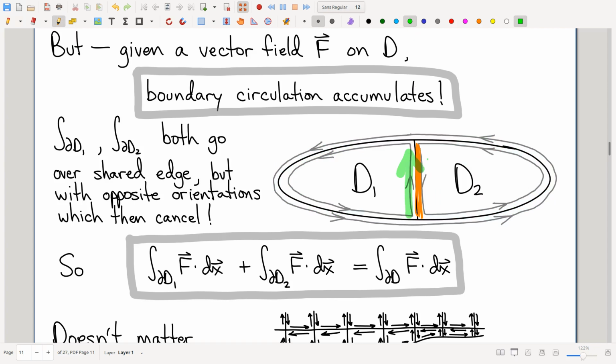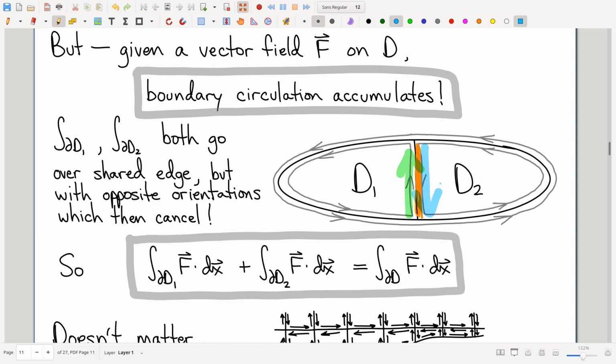And the reason that it does, if you look at the suspicious terms: as part of the boundary of D1, I'm going to be moving along that orange curve, moving in the way that boundaries do with D1, the region whose boundary I'm talking about, on my left. As part of the boundary of D2, I'll be moving this way as boundaries go, moving in such a way that as I go that way, the region whose boundary I'm talking about, D2 this time, is on my left.